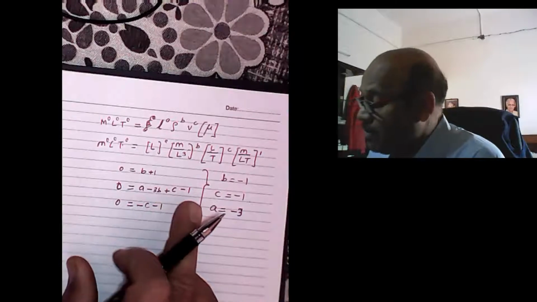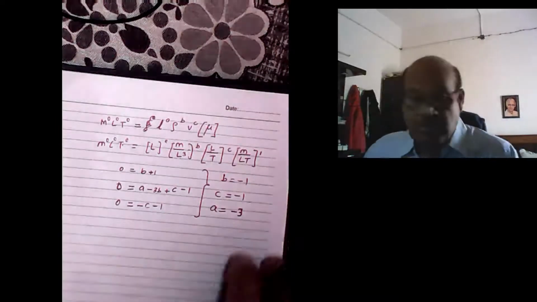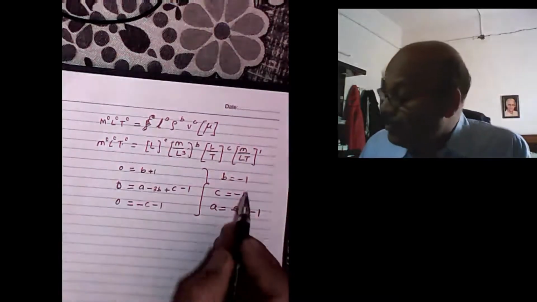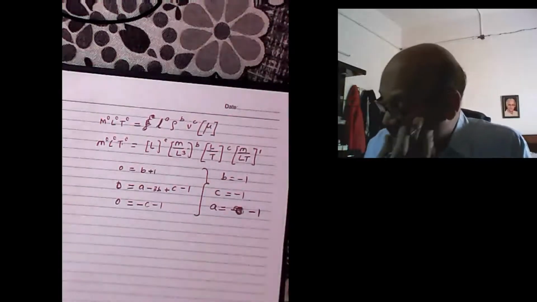So b is minus 1, c is minus 1, a is minus 1.